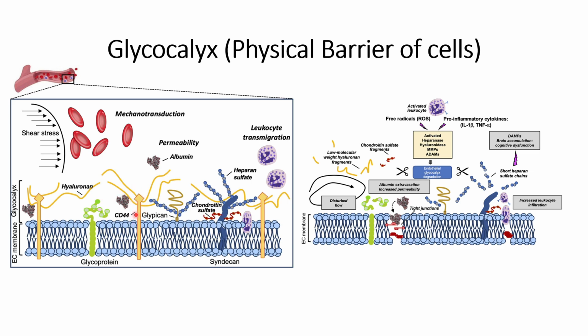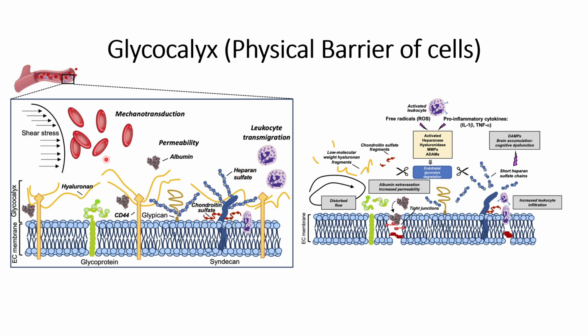GAG is proteins with a long chain of carbohydrate structures, whereas glycoproteins are proteins with short chain carbohydrate structures that can be seen here. And it also contains sulfated carbohydrate structures such as heparin sulfate and chondroitin sulfate.